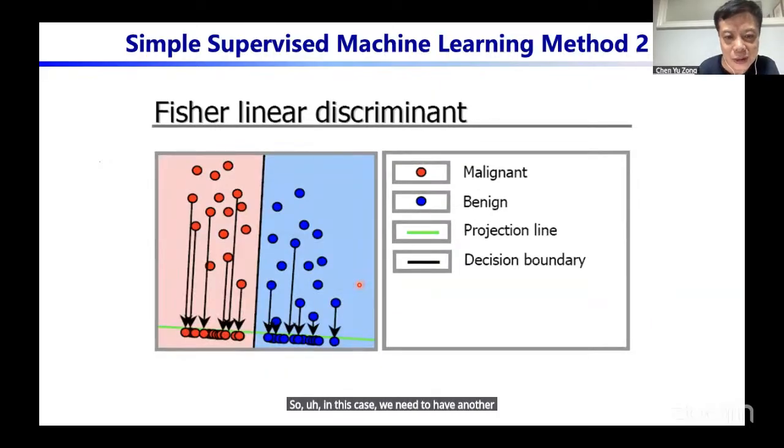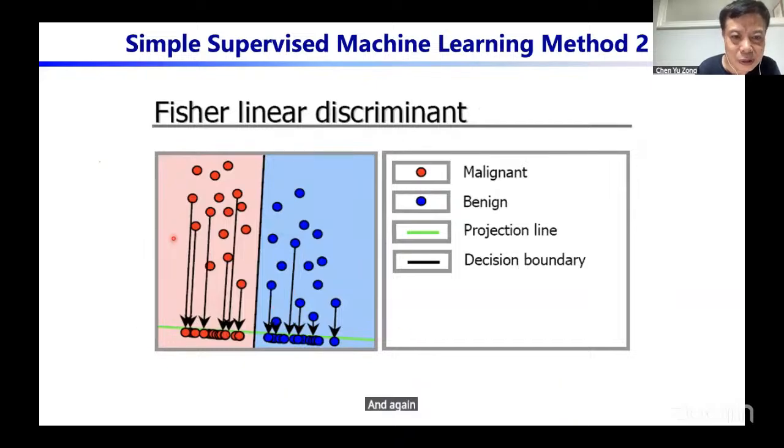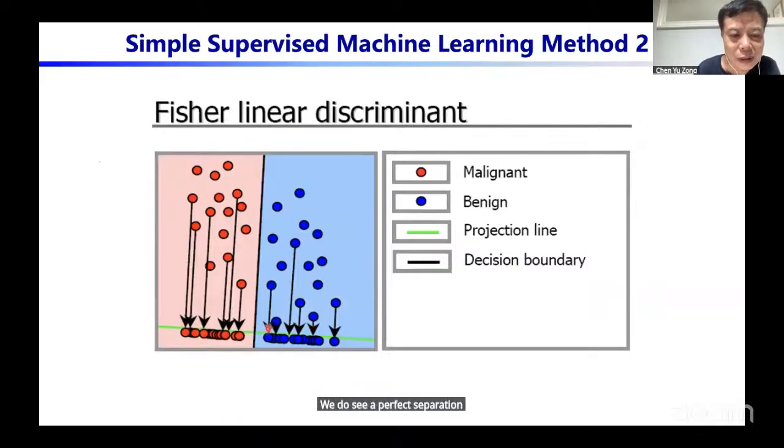So we can draw another green line, as this case indicates. And again, we project all the red dots and all the blue dots onto the green line. In this case, we do see a perfect separation of the red from the blue dots.